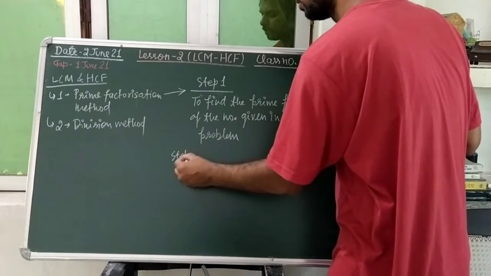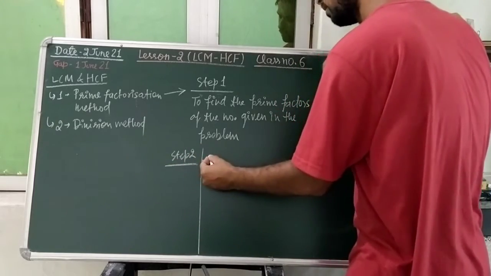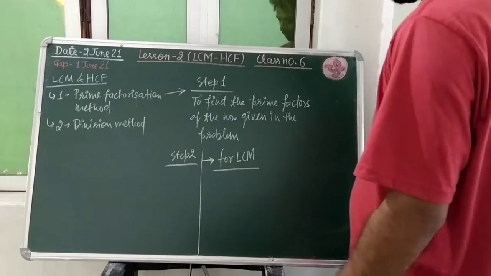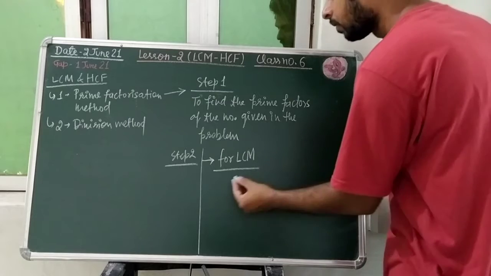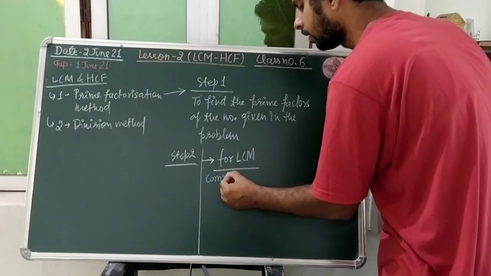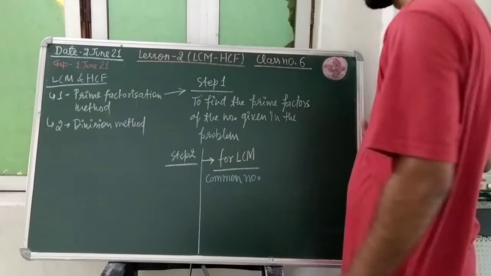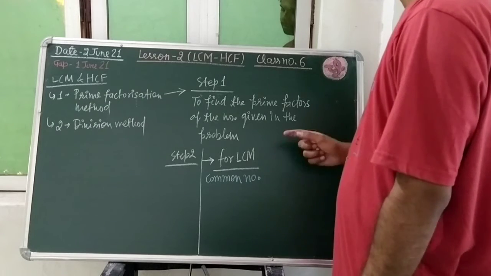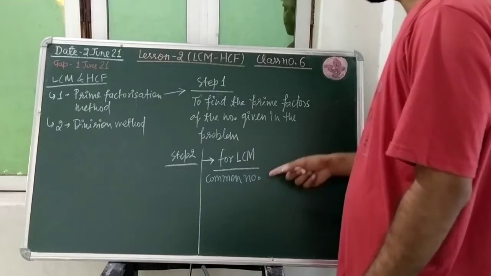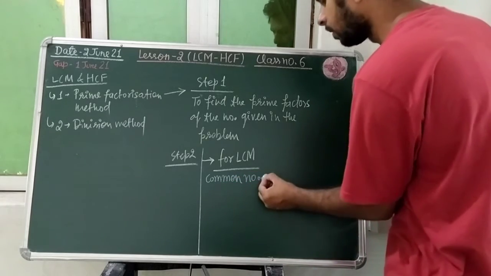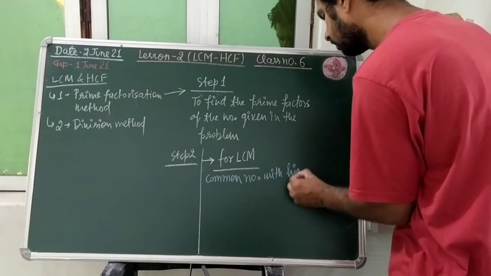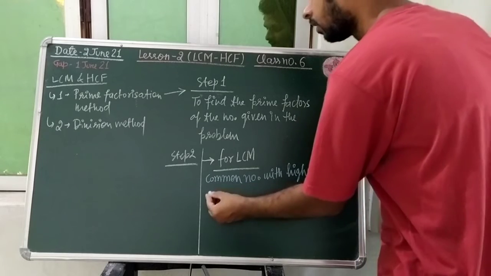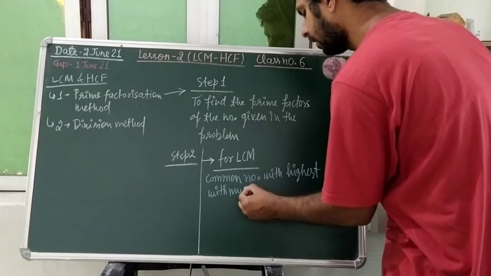And step 2 is for LCM. Look students, in the prime factorization method, if we are talking about the LCM, which is lowest common multiple, for the LCM we will apply the rule: common number with highest power with multiply operator.